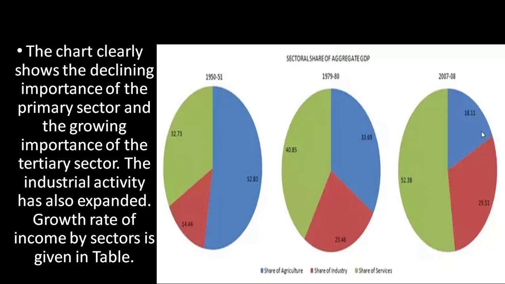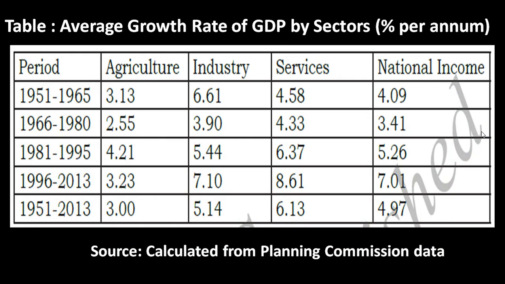Growth rate of income by sectors is given in the table. This table explains the contribution of agriculture, industry and services. From 1951 to 1965, agriculture grew at 3.13, industry 6.61, service sector 4.58, and overall national income 4.09.